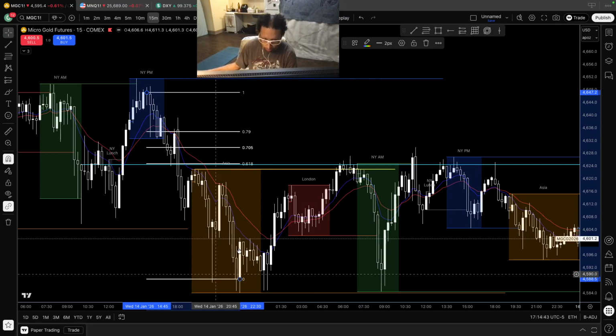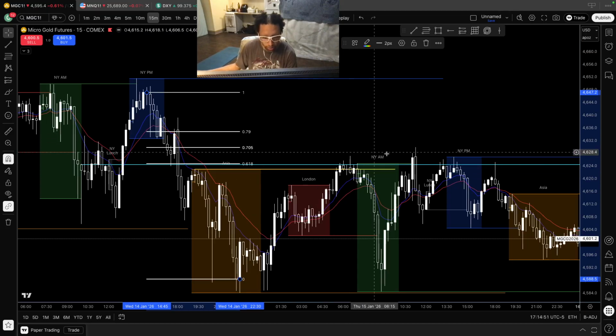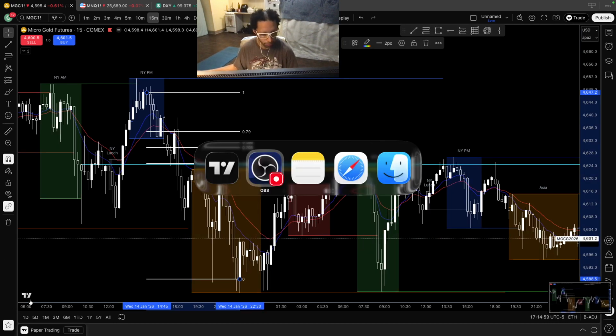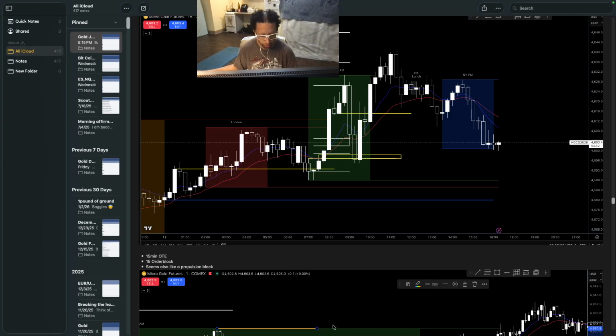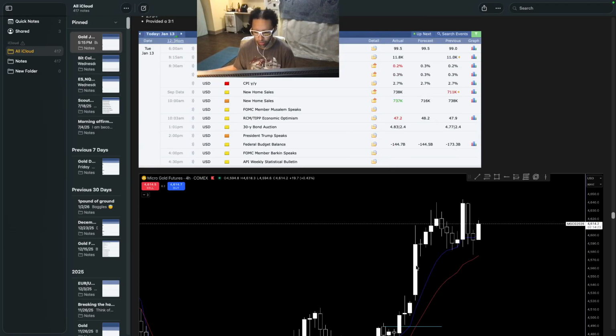We see that we reached this high right here, and we're sweeping liquidity. The market turns around after it sweeps liquidity. So we know right here, we're going to go ahead and just take a screenshot of this. And then we're going to hit our Command Tab button to go back over to the notes. We're just going to take the screenshot right here. The way I'm doing the screenshot is I'm hitting, oh shit, I forgot. I'll have to tell you in a second.